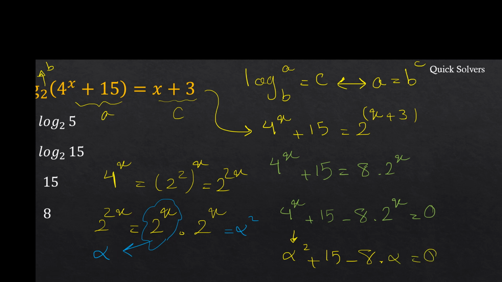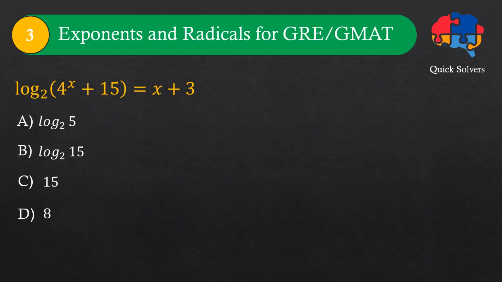Well, here I transform this to alpha squared minus 15 plus 8 times alpha equals 0. So I think that you can solve the rest because it's now very easy to find what is x.